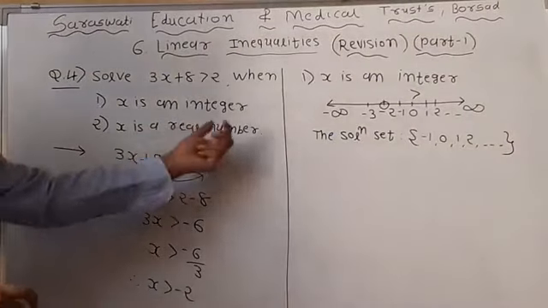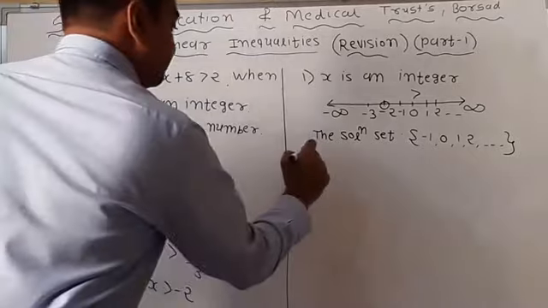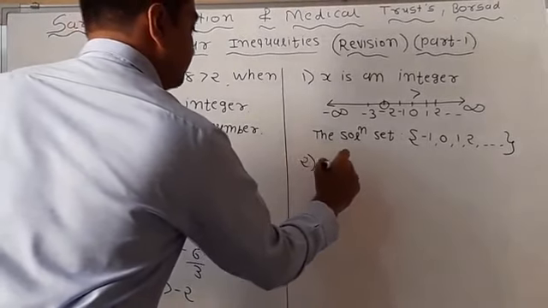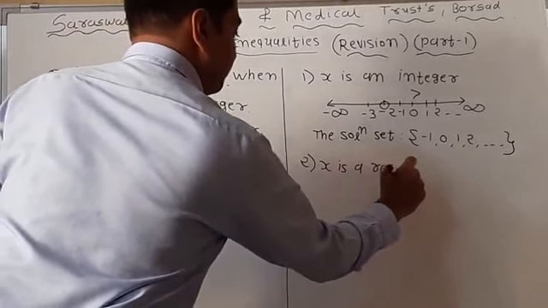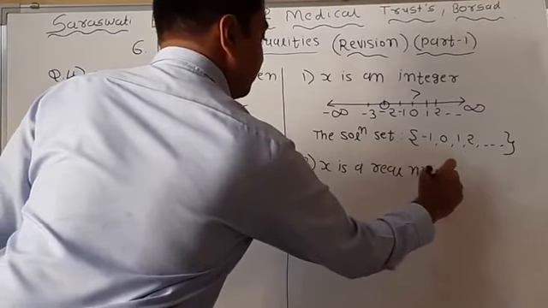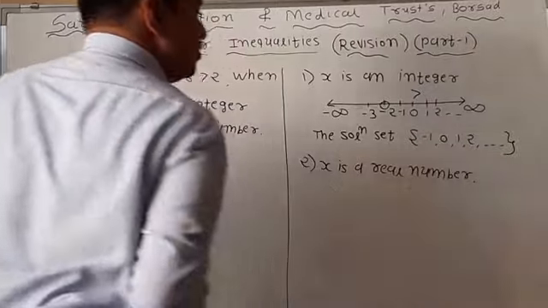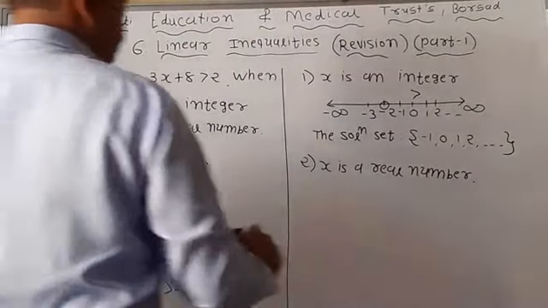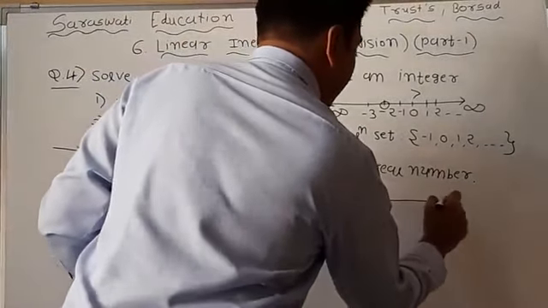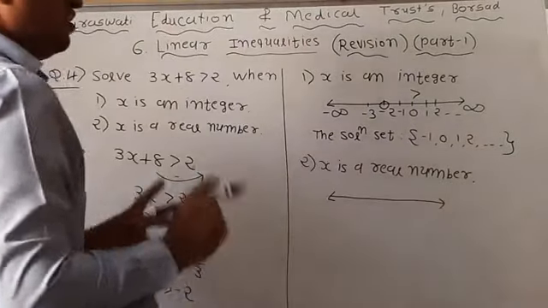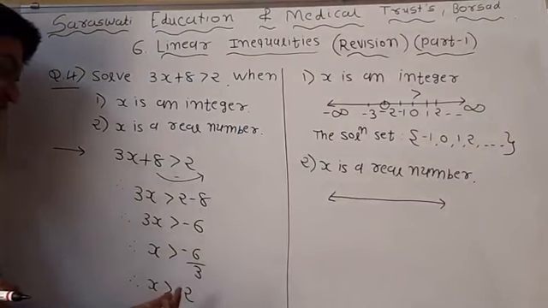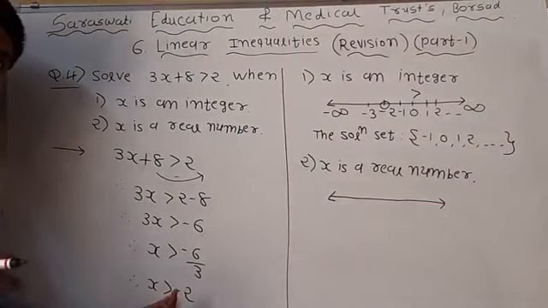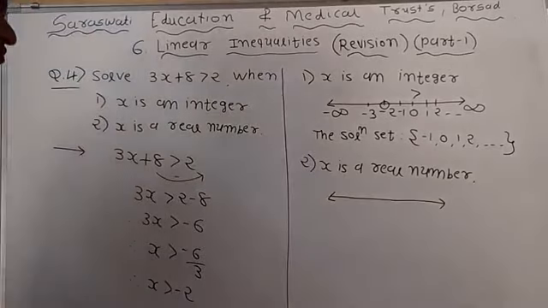Second condition, x is a real number. So again, in the case of a real number, the answer is represented in interval form, open interval or closed interval form. Here a strictly greater form is present. That means the answer is represented in open interval form.